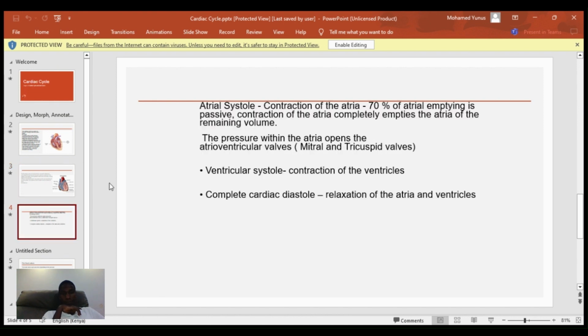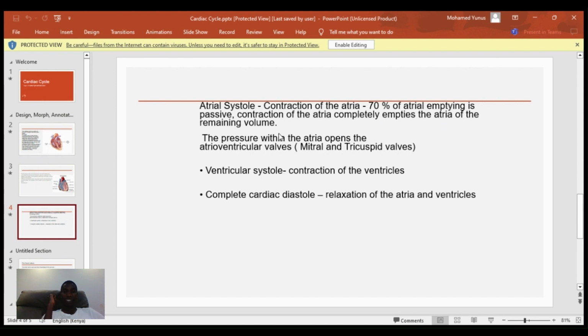So atrial systole is the contraction of the atria, and we find that 70% of atrial emptying is passive. It doesn't need any contraction, and then contraction of the atria completely empties the atria of the remaining volume.